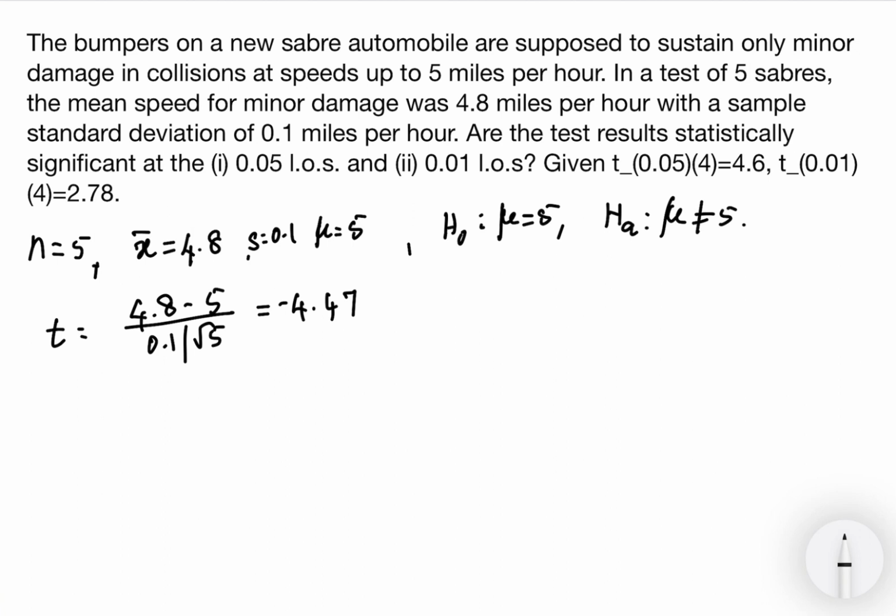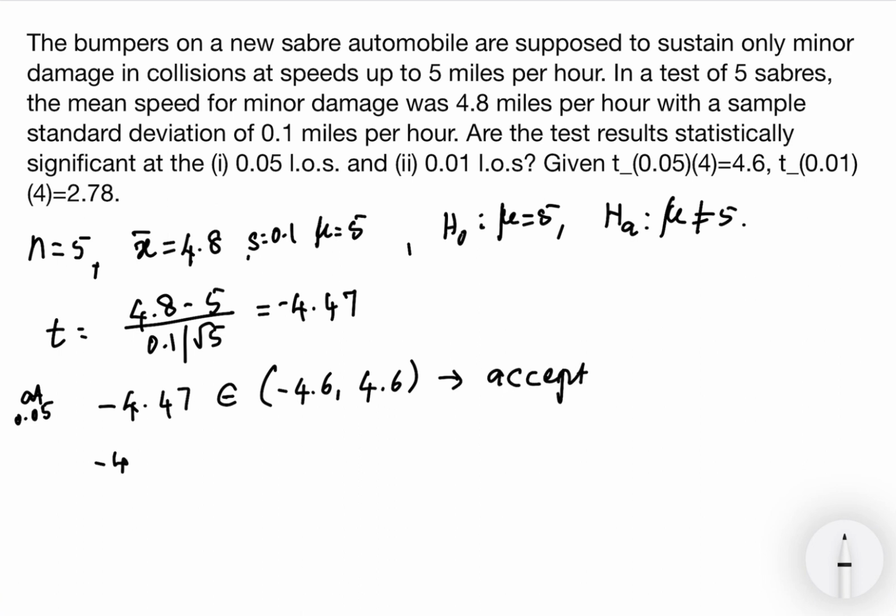So we need to check whether this minus 4.47 belongs to minus TC, TC at 0.05 level of significance. It is minus 4.6 comma 4.6, and here you can see that minus 4.47 indeed belongs to this interval. So we are going to accept the hypothesis.